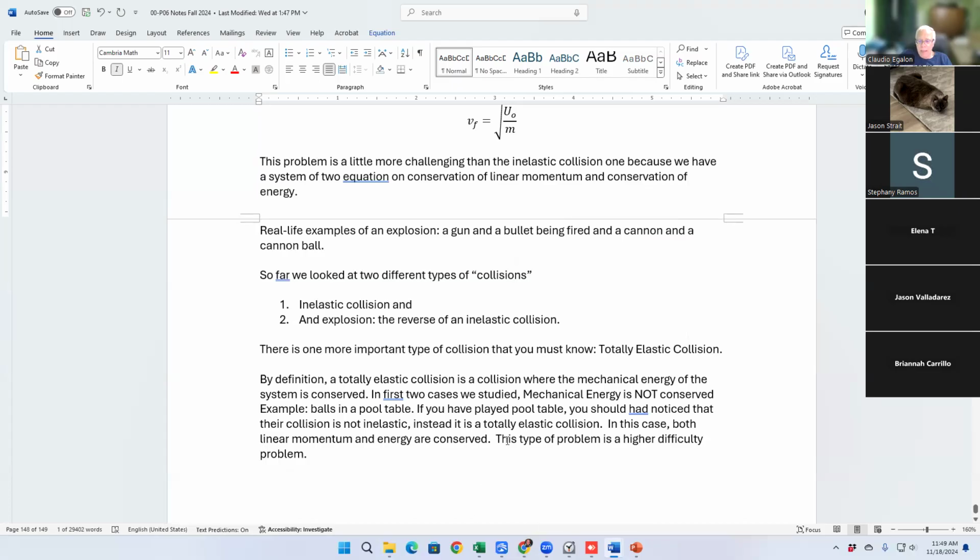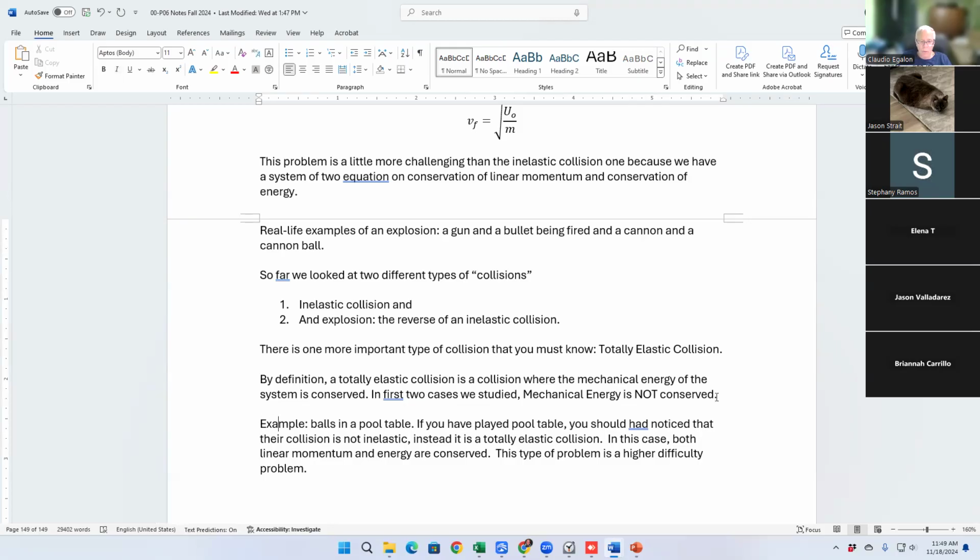And we can prove that. It's easy to prove that in an inelastic collision, mechanical energy is not conserved. In the first 2 cases we studied, mechanical energy is not conserved. Okay, example of an elastic collision.